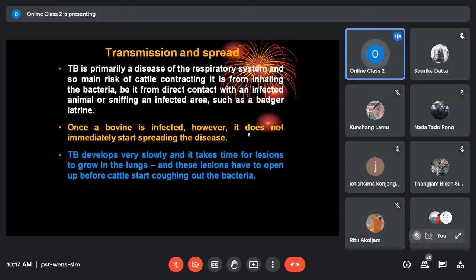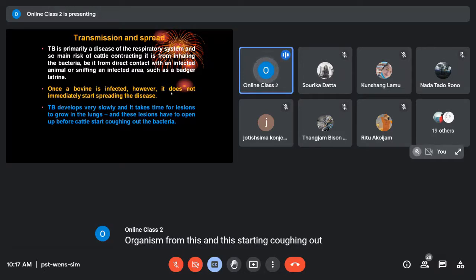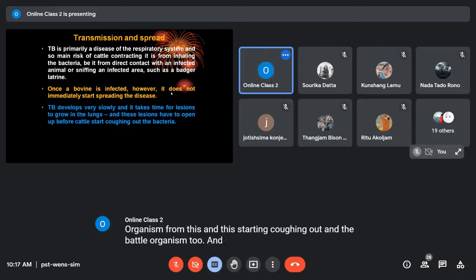That means the tubercular nodular lesions formed in the lungs should open out and release the organism, and then the cattle start coughing it out.